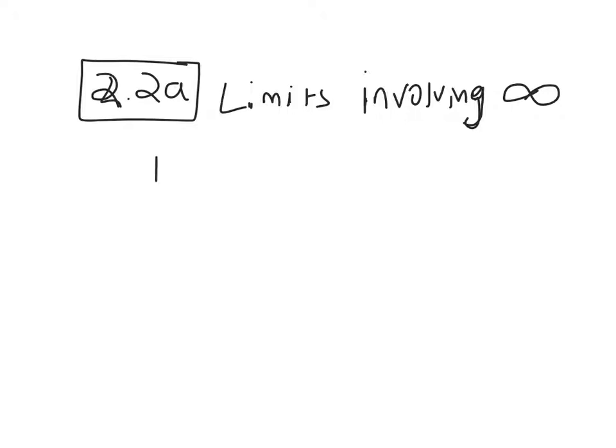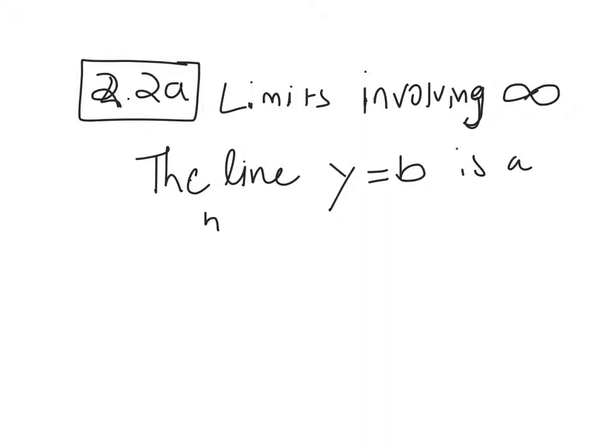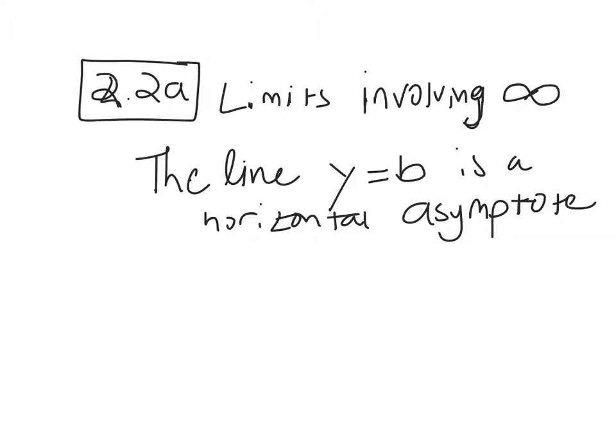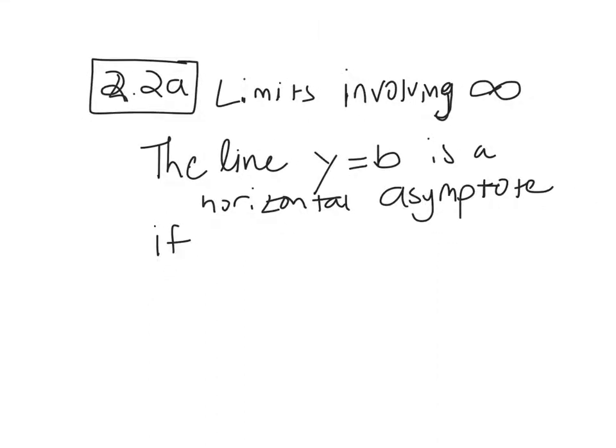And it says here, the line y equals b is a horizontal asymptote if, and I tried explaining this to my ham kids, but it's really hard because they've never done limits before.